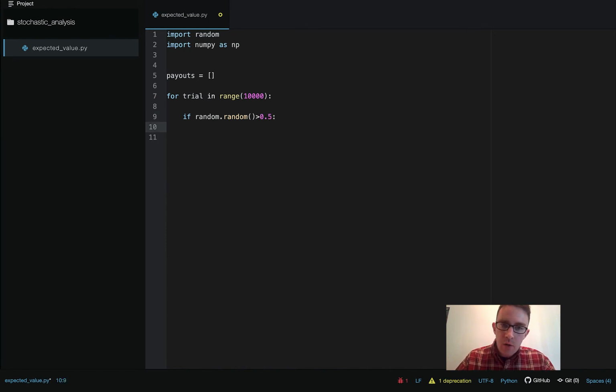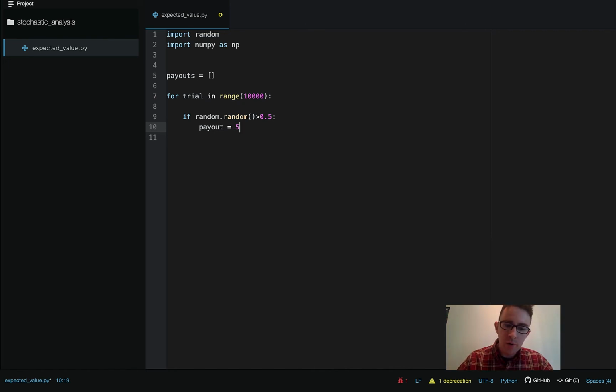This is basically just seeing if a randomly chosen decimal between 0 and 1 is above 0.5. This is what I'm using to simulate the coin flip, because it has half a chance of being true and half a chance of being false. If this is true, we're going to say the coin came up heads. This will be our simulated coin flip. And if this is true, we're going to say payout equals 5.